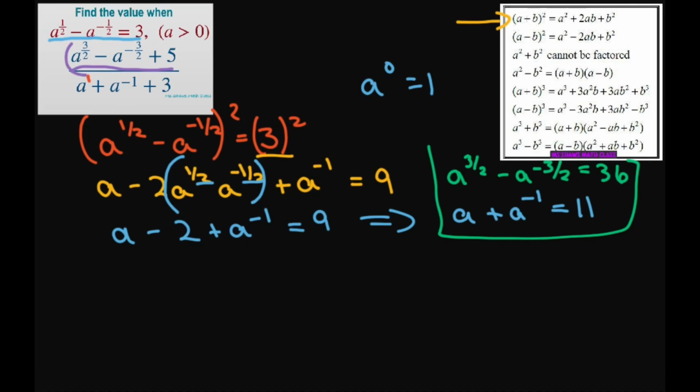This part right here equals 36. That gives you 36 plus 5. And then this part right here gives you 11, so it's going to be 11 plus 3. This is going to equal 41 divided by 14.